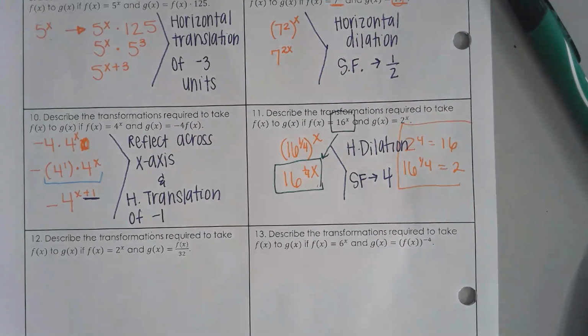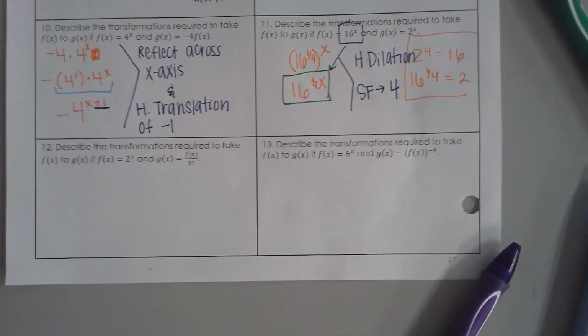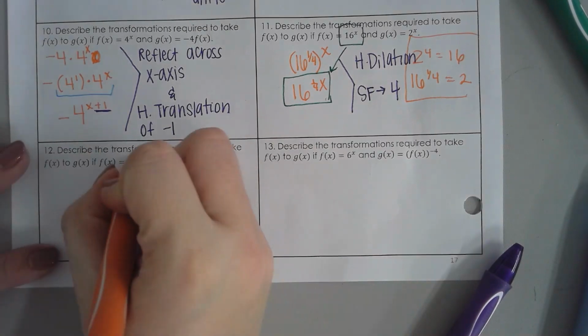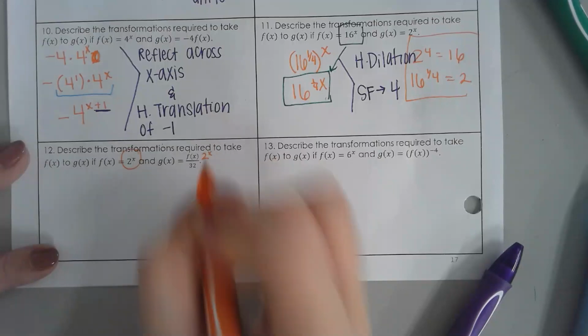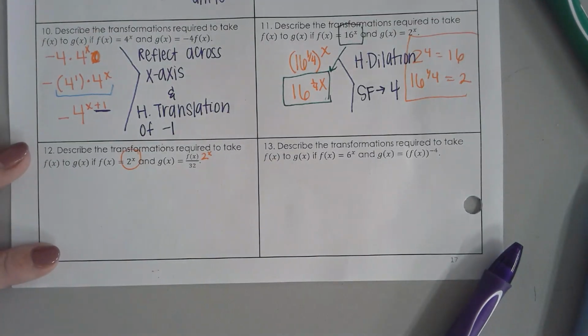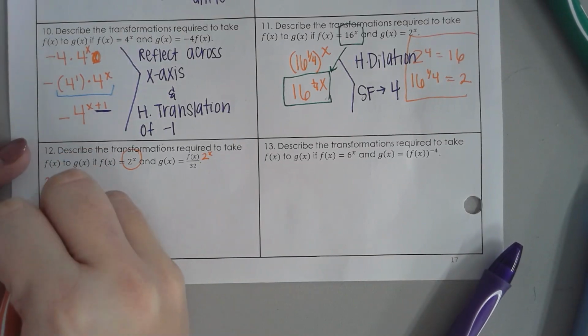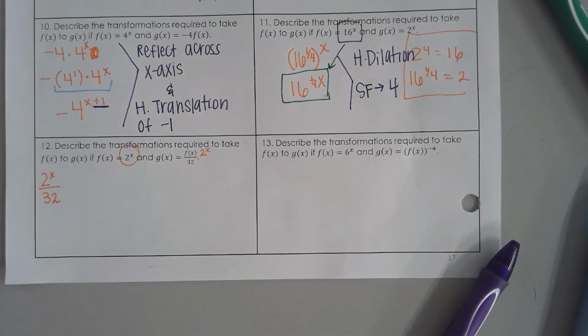Okay. Number 12. Starting at 2 to the x, and then I'm ending up with that same 2 to the x over 32. This one's weird. 2 to the x divided by 32. Well, my guess is I can probably do 2 to the some power.